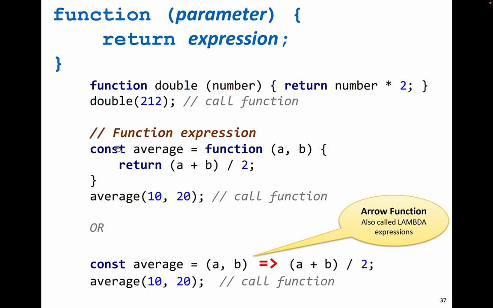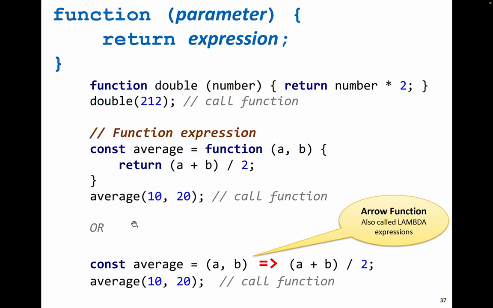So like defining a variable, you can define a variable name, and then say this is equal to function, with the function keyword, and then the parameters it takes. It takes two parameters and returns their average. Then we can start calling this function.